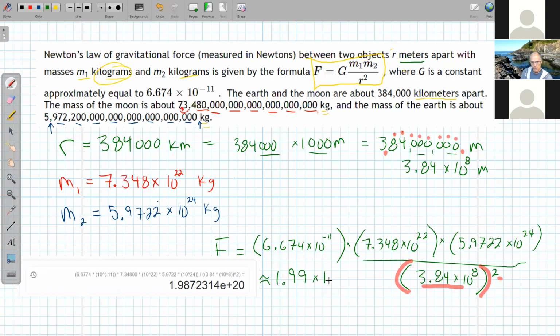The E means times 10, and whatever after that is the power. So positive 20, I'm just going to put a 20 there. So hopefully that came out okay on your calculator. And again, it's super important for this class that you're a master of your calculator. Spreadsheet would actually be a good way to do this, because it can package things up kind of nice for us.